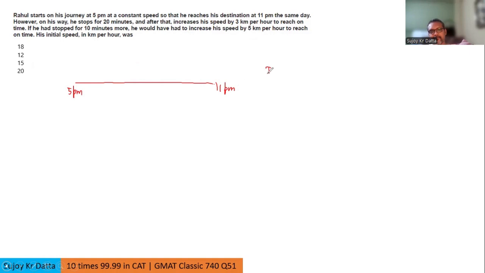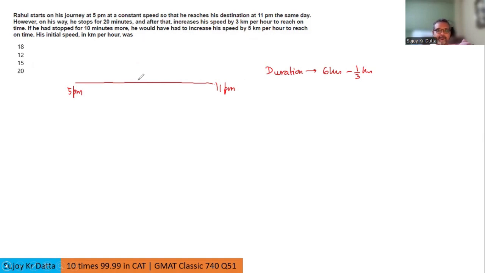So that means the actual duration that he takes to travel is 6 hours minus 1/3 of an hour. Okay. And after that, increases his speed by 3 kilometers per hour to reach on time.